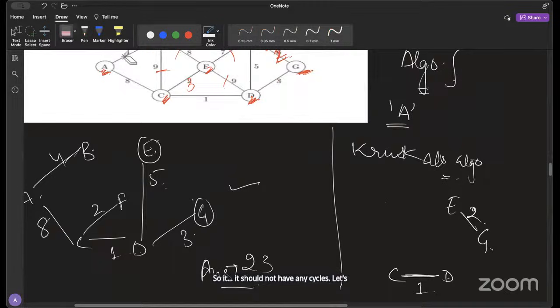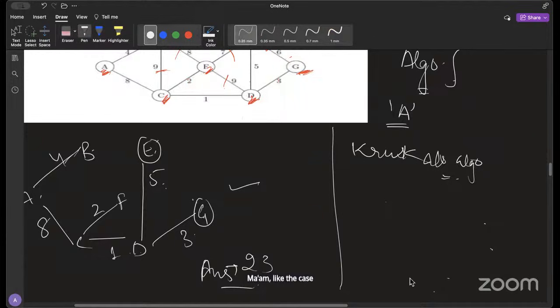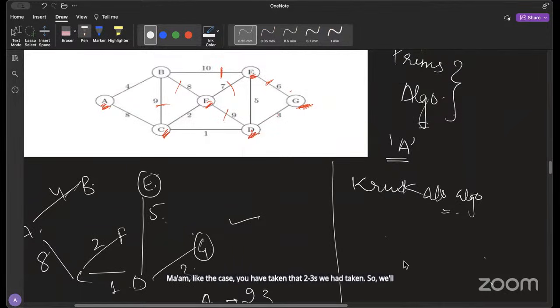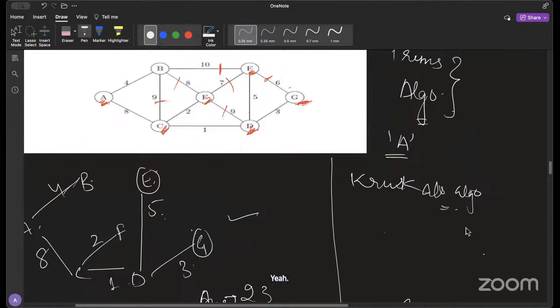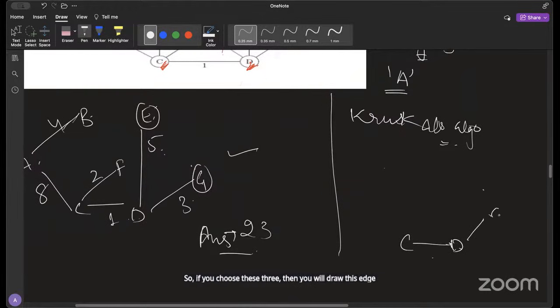Let's try to make the tree here as per the original graph. Ma'am, like the case you have taken, with two 3s, will we take any one of the three or both? Both the threes, because in this algorithm, you're going in ascending order, right? So if you choose this 3, then you will draw this edge first.